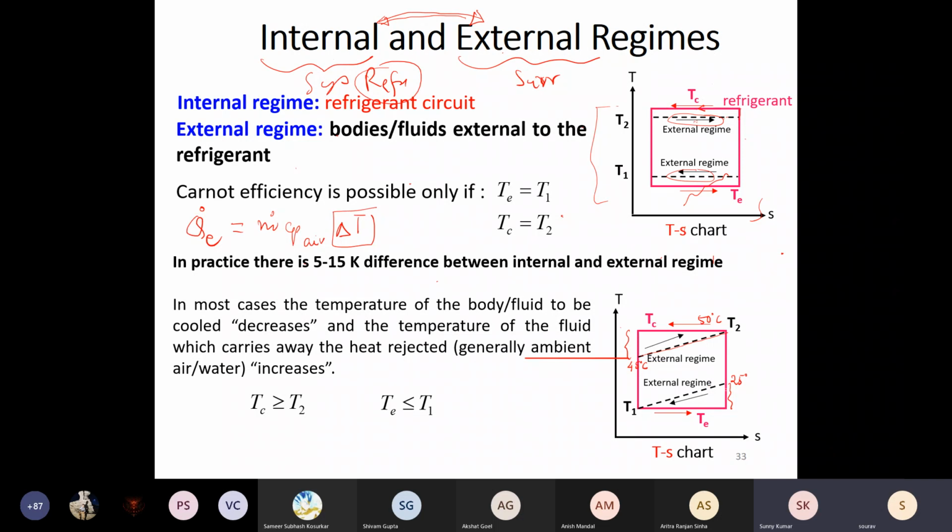Similarly, on the indoor side, the air cools, and the minimum it can go is 20 degrees. So these are the two limiting cases. So the processes which we were looking at, the parallel processes, are also not in the same fashion, even if we consider that the internal regime is undergoing the ideal cycle which we know.